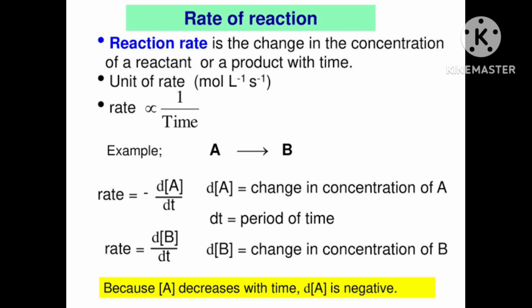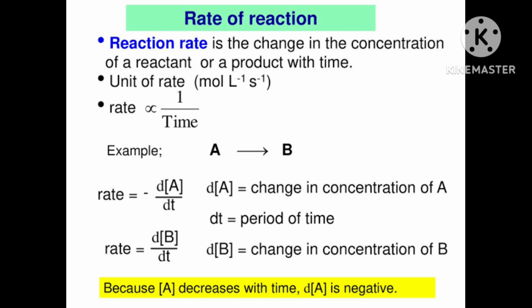Here you know that rate depends upon concentration. If concentration is less, rate will be less. If concentration is more, then rate will be more. The rate of a chemical reaction at a given temperature may depend on the concentration of one or more reactants and products.